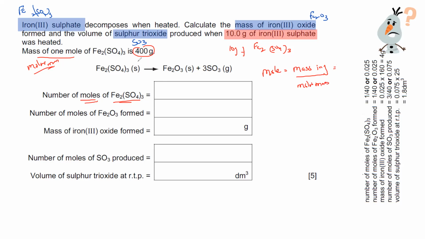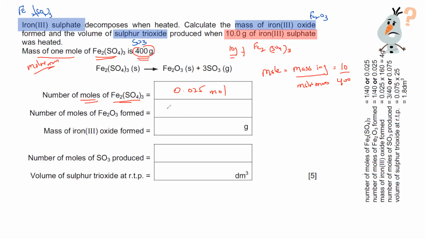So what is the mass in gram of iron 3 sulfate given in the question? That's 10. And what about the molar mass? Molar mass means mass of 1 mole, or the molecular mass, which is 400. So it will be 10 divided by 400, or 1 divided by 40, which is 0.025 mole.